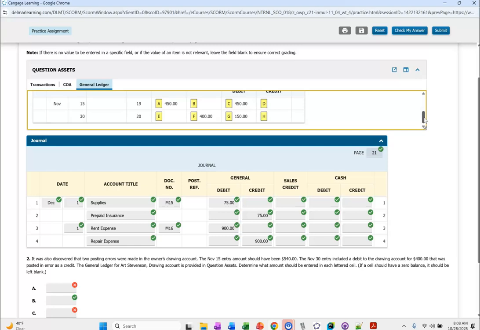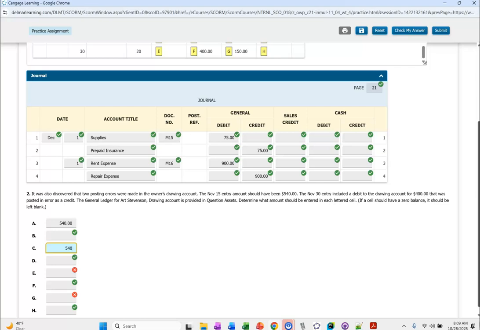So it says the November 15th entry should have been $540. So that should be $540. And that means that nothing was added to the credit column, but my new account total in the debit piece should have been $540.